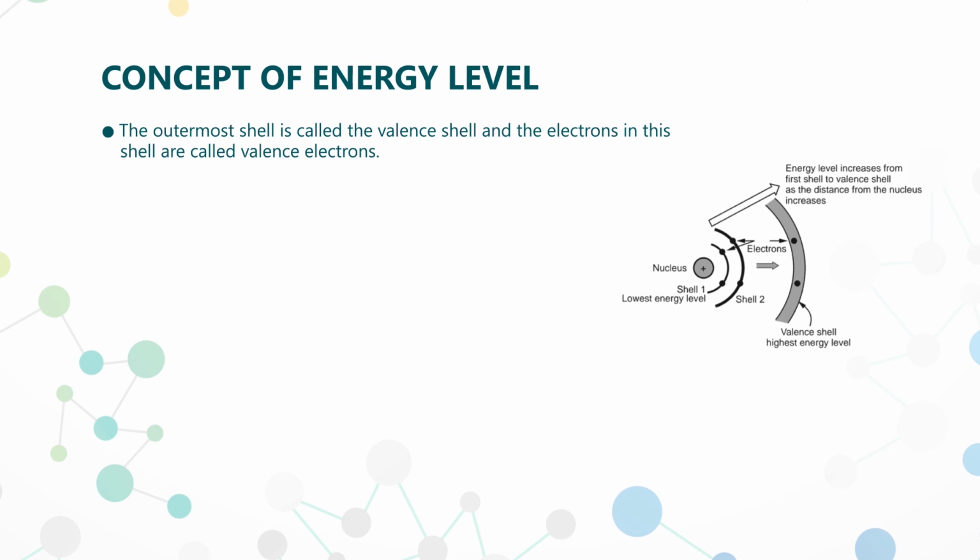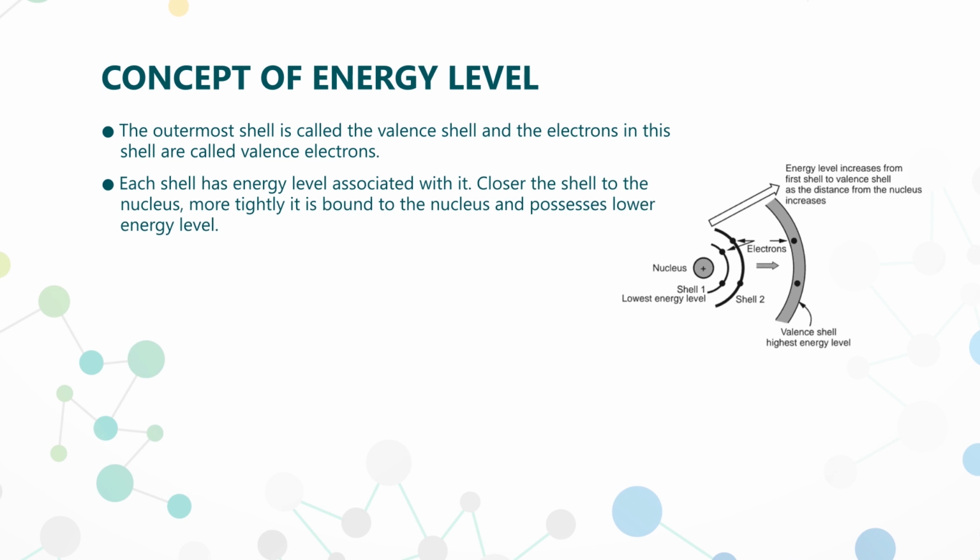As the nucleus is positively charged, it will attract electrons toward it. The electrons near the nucleus will be attracted more strongly, and as they move away, they will have a high amount of energy. So, the electrons near the nucleus have less energy in comparison to the electrons far away from the nucleus, which have more energy.